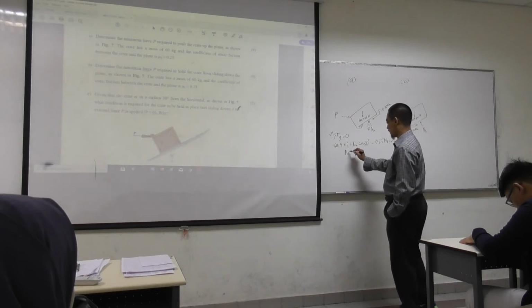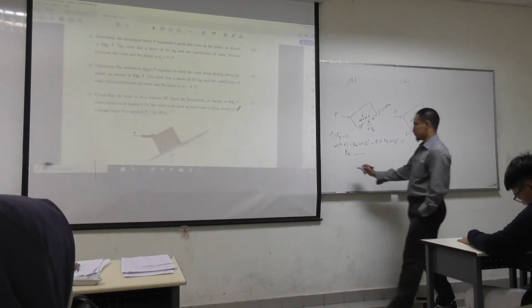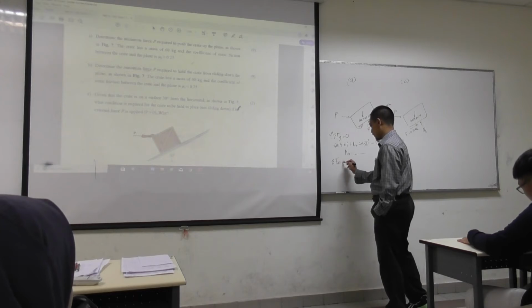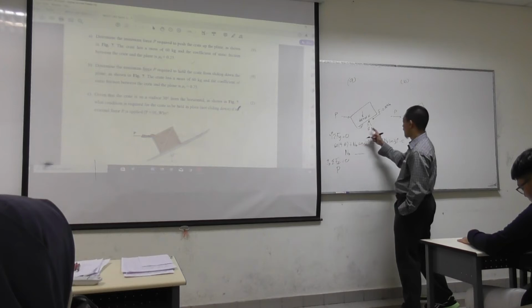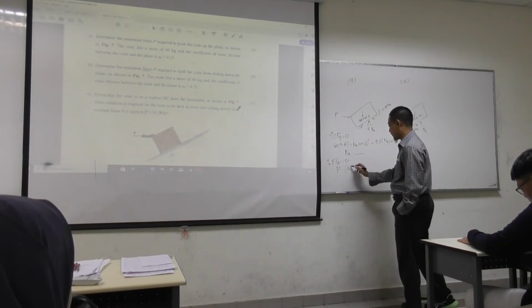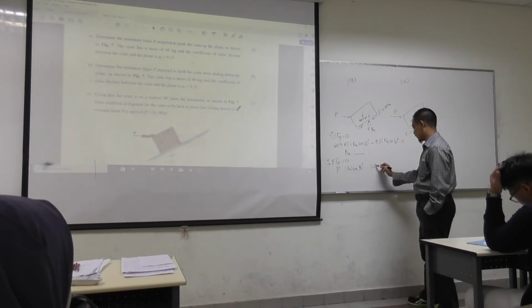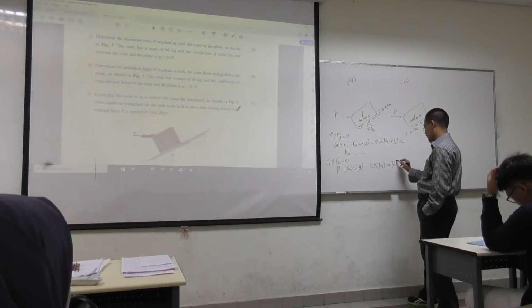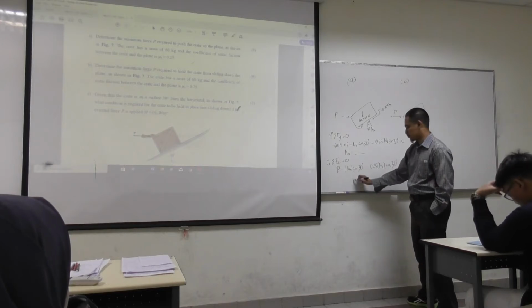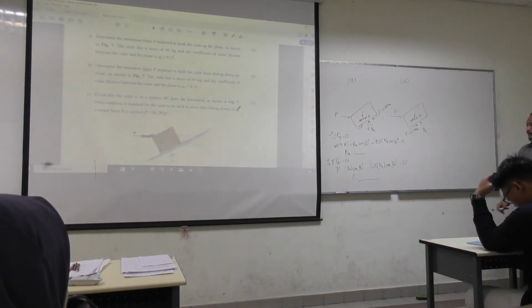So from here you can solve NB straight away for some value, and then you can do summation of Fx equal to 0. So you have P minus the value of NB sin 30, and then minus 0.25 times the value of NB cos 30 equal to 0. Because NB is already found, P you can have straight away.